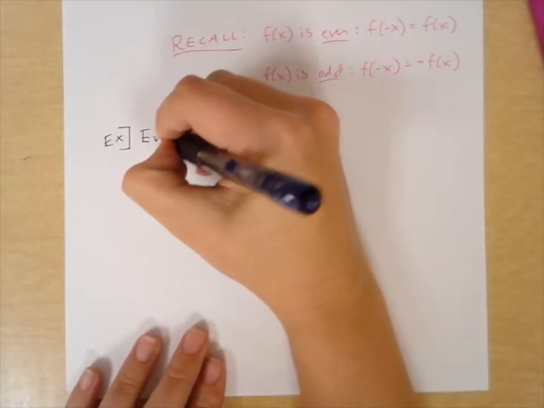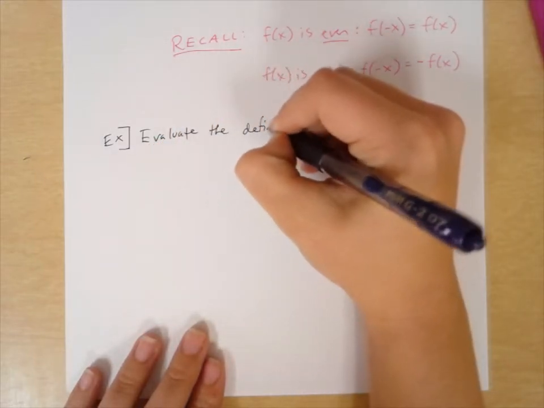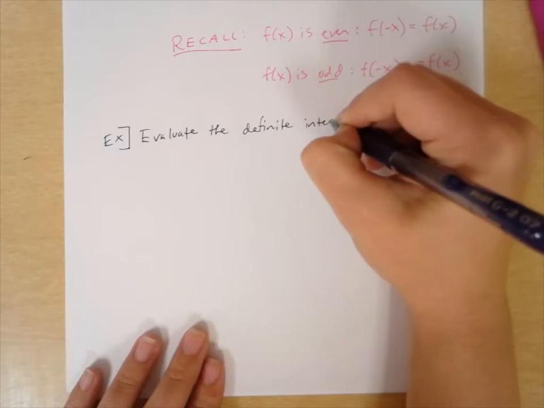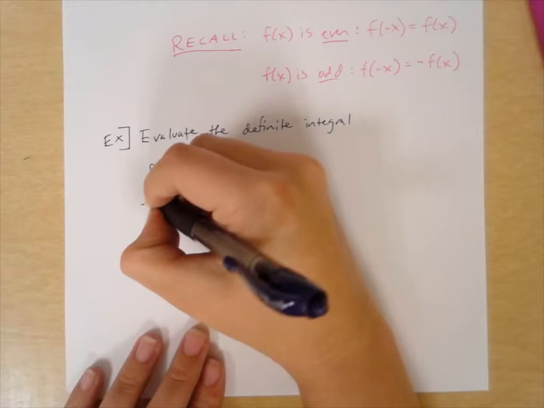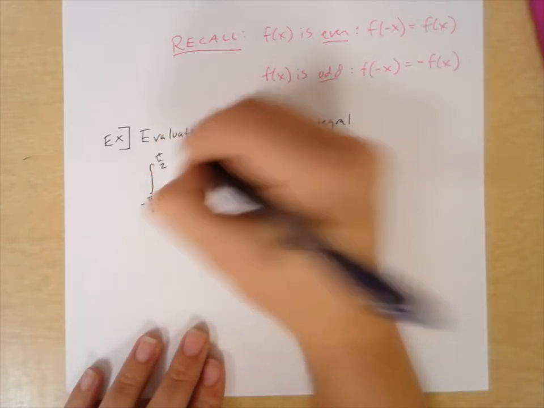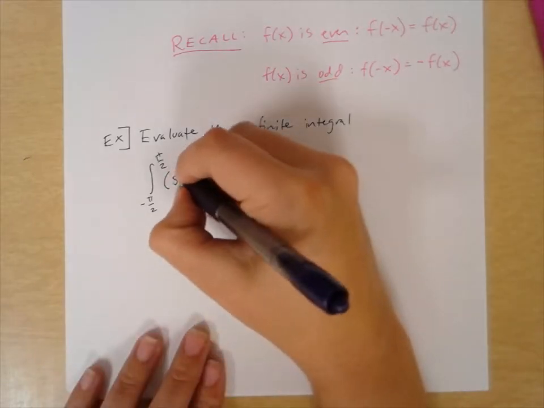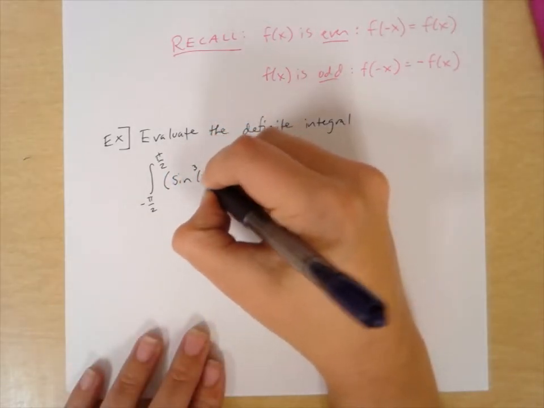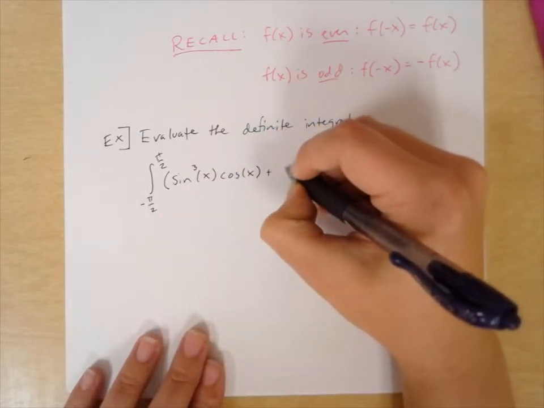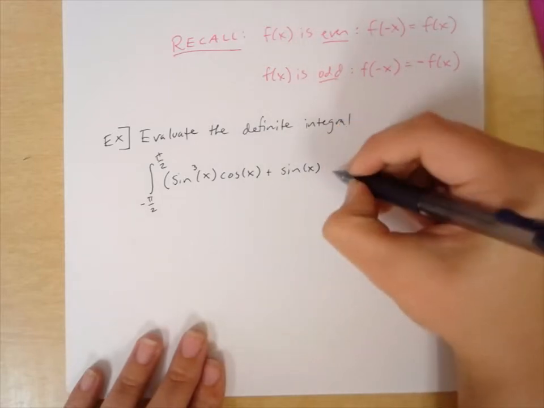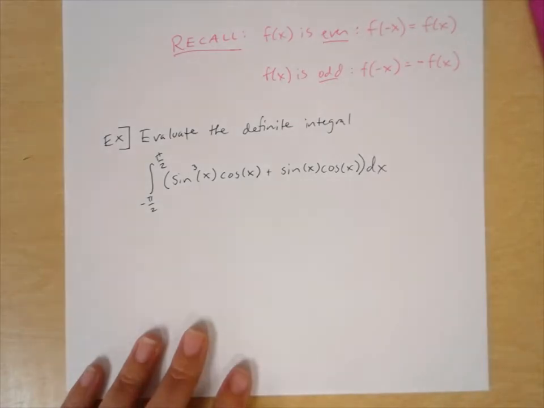So let's say we were asked to evaluate the definite integral from negative pi over 2 to pi over 2, and the function is going to be sine cubed of x cosine x plus sine x cosine x dx.